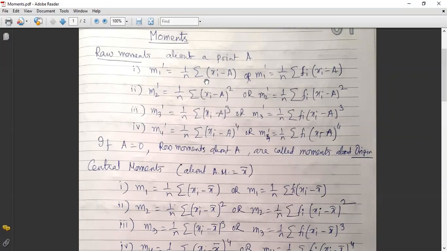Skewness and kurtosis are required to measure the symmetry and the peakedness of a frequency distribution. What do you mean by the symmetricity of a distribution pattern, and what do you mean by the peak? We will explain that later when we learn kurtosis and skewness.